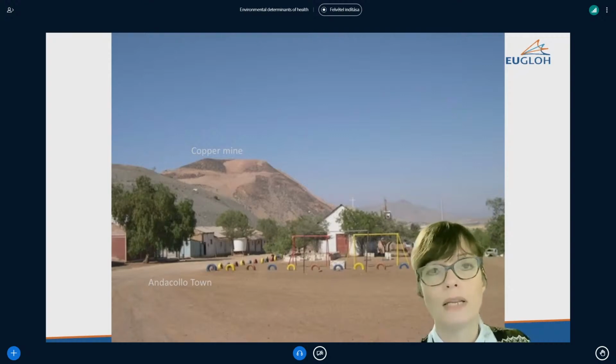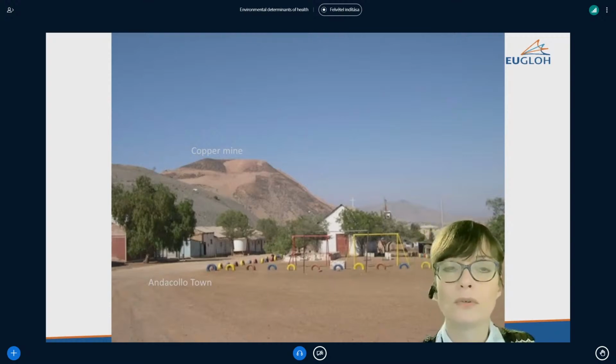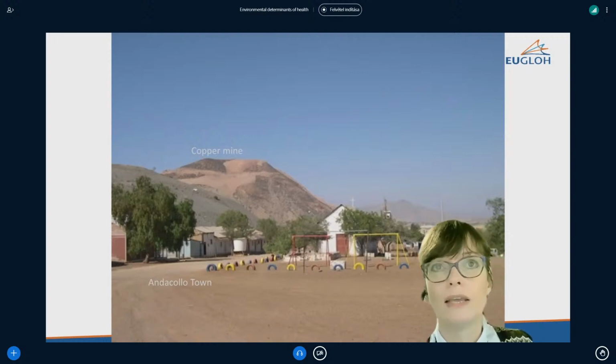They observed that many of the kids had breathing problems and also learning difficulties. That's why they contacted the local university. And this local university is one of our partner universities. So they invited us to visit the town and to think about what could be done about the problems the people here observed.